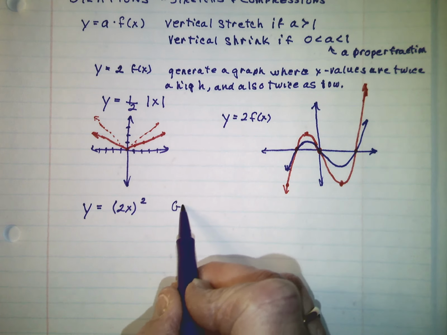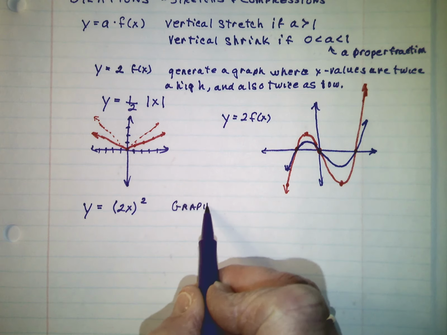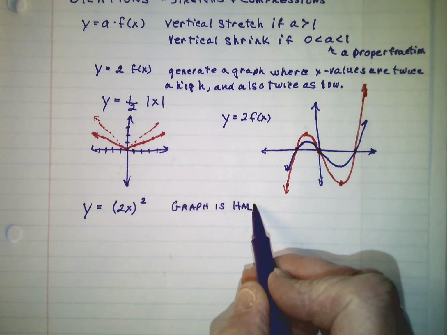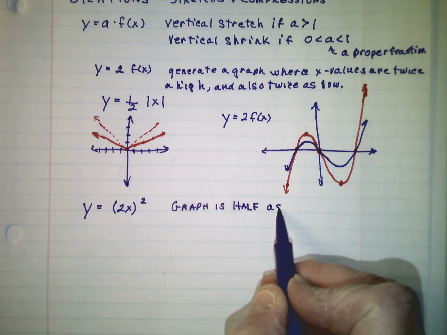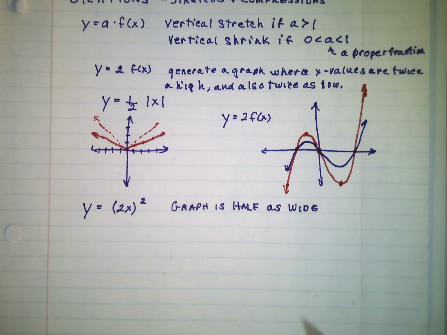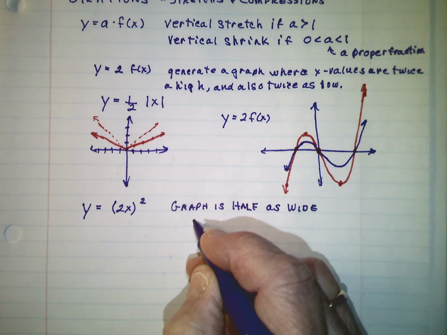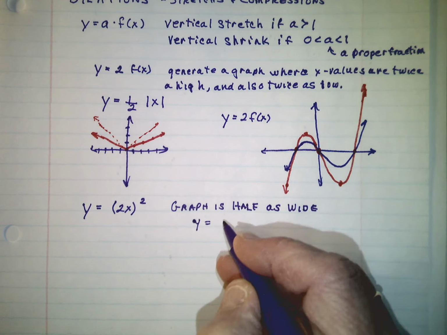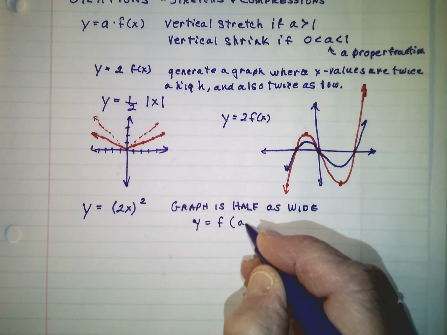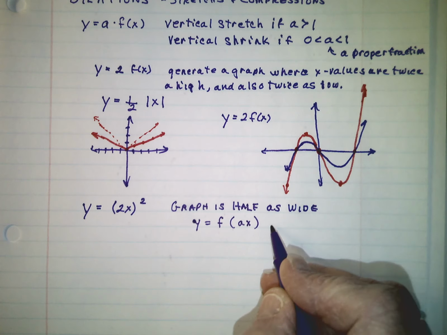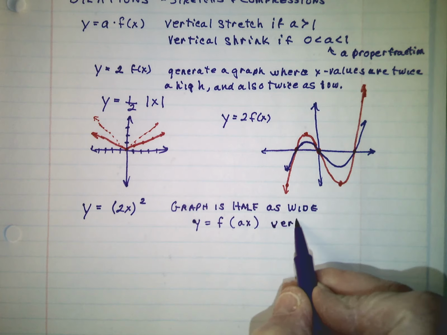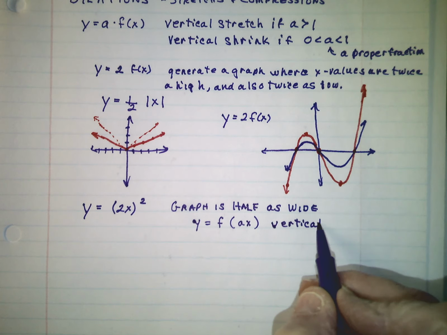So the graph is actually going to be half as wide. It's going to reach the same y value in half the time. In general, y equals f of a times x is going to mean a vertical shrink.